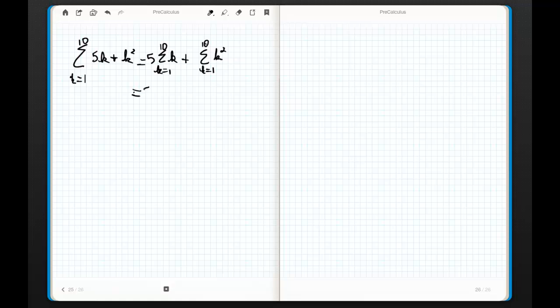This is going to be 5 times, now notice, n equals 10, so 10 times 11 divided by 2, plus, same thing, n equals 10, 10 times 11 times 21, all divided by 6. Okay, fair enough?